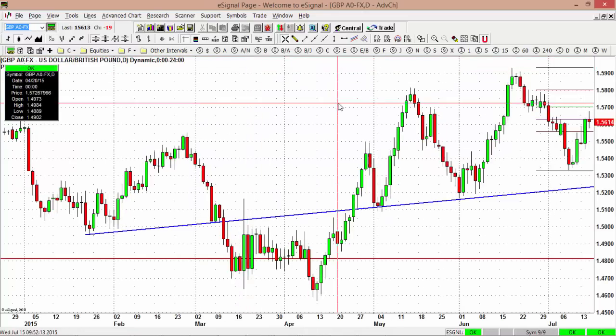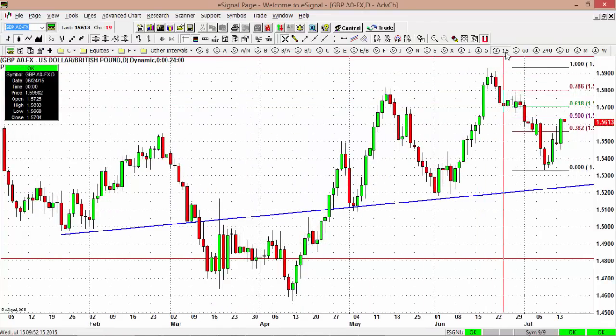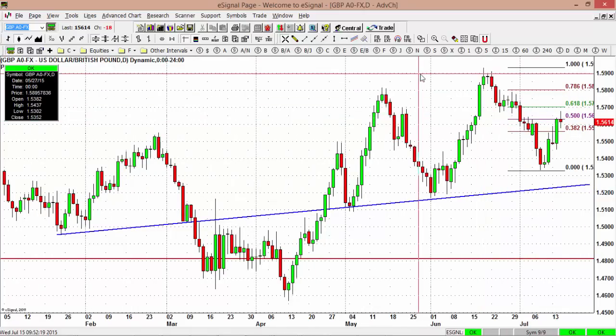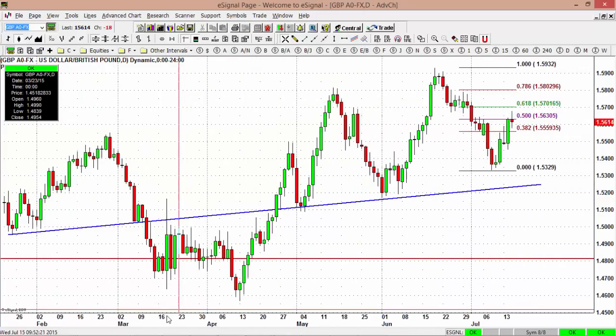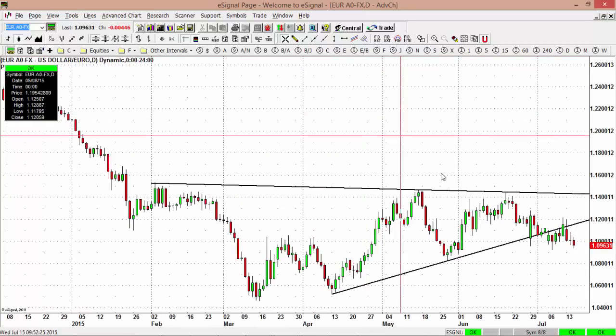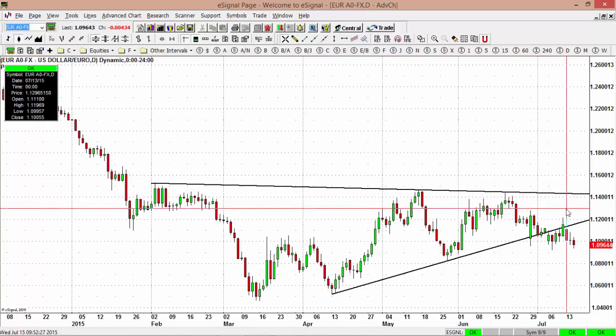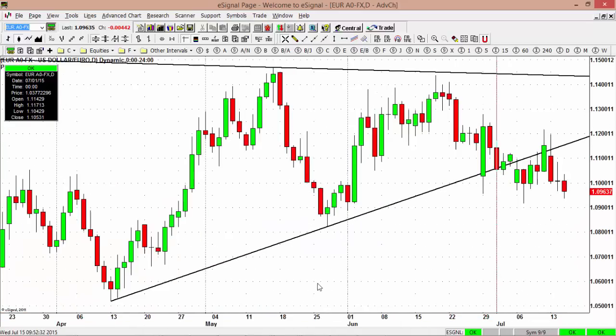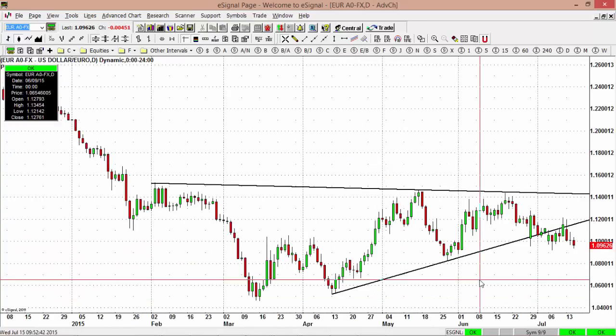Now let's take a look at the British pound versus the US dollar, and the market is just slightly down on the day so far, while the euro versus the US dollar is down pretty significantly. Well, it's coming back slightly now, but it was down. The low that was made was 109.34, and it's now at 109.62. So there's some rebounding in that market.